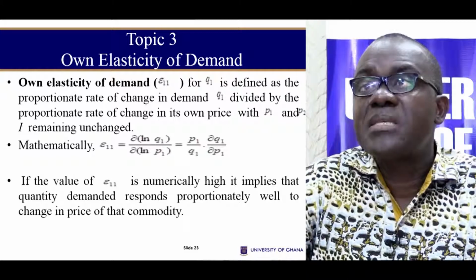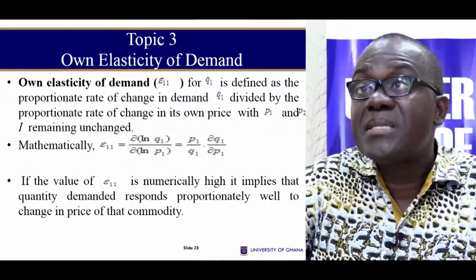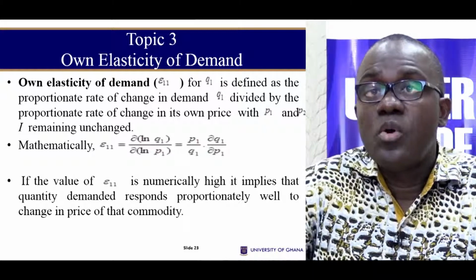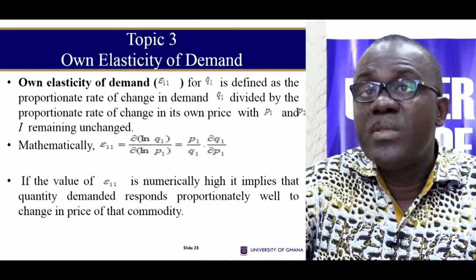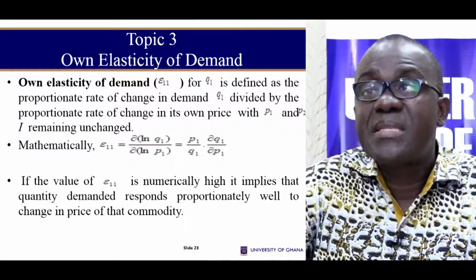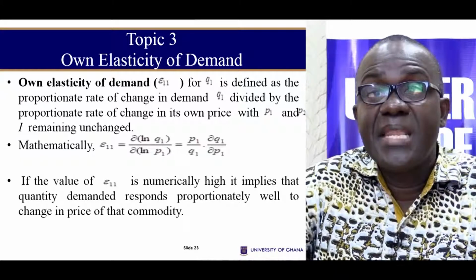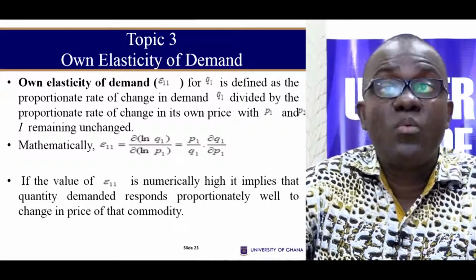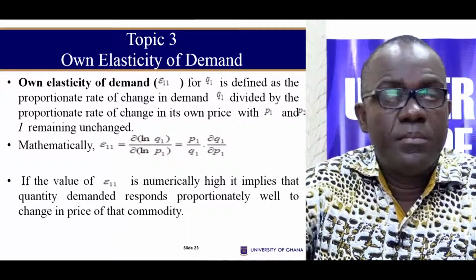This is P1, this is Q1, this is the marginal of Q1 with respect to P1. So when we evaluate this one, when it's numerically high, then it implies that the quantity demanded responds proportionately well to change in price.